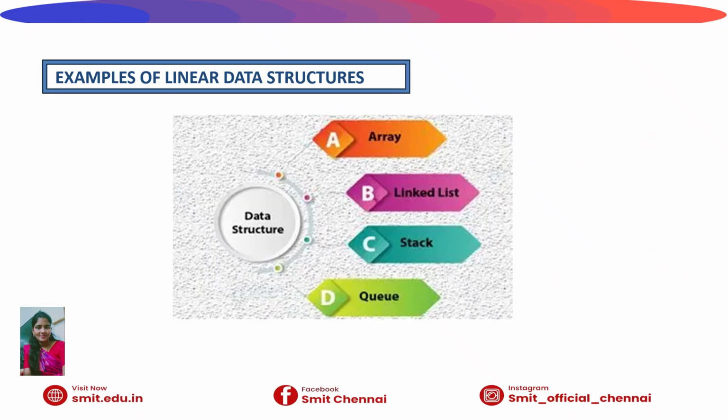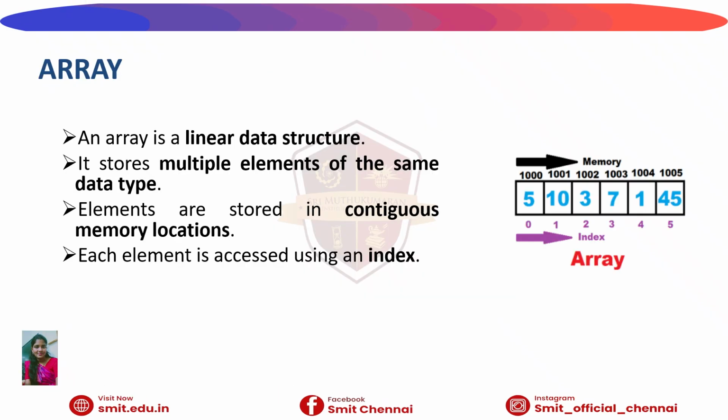Examples of linear data structures. It consists of four types: array, linked list, stack, queue. Let us explain one by one. Array. An array is a linear data structure. It stores multiple elements of the same data type. Elements are stored in continuous memory locations.